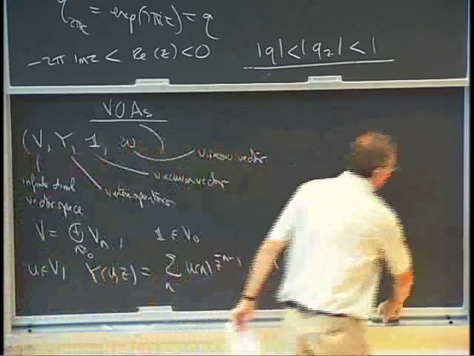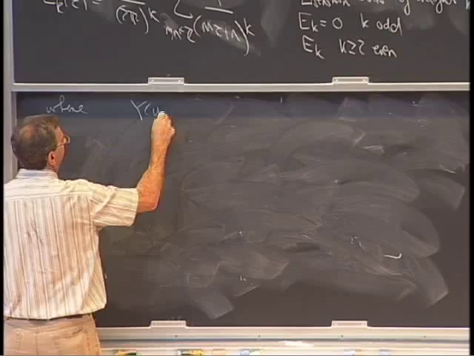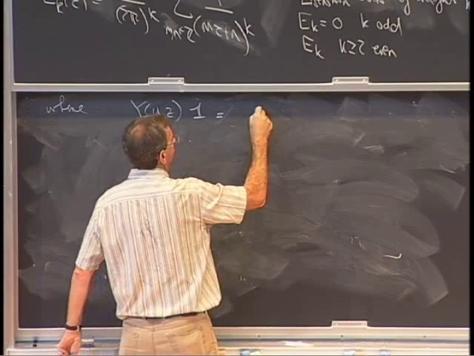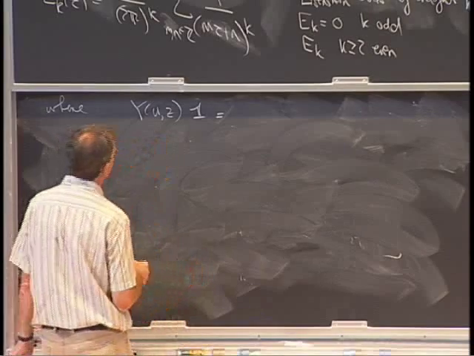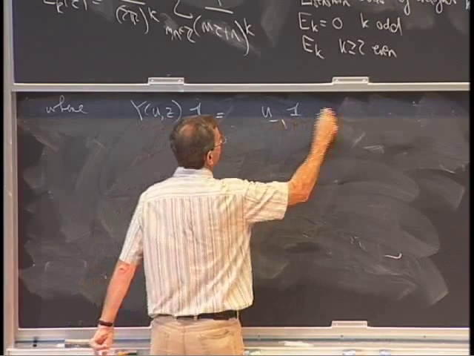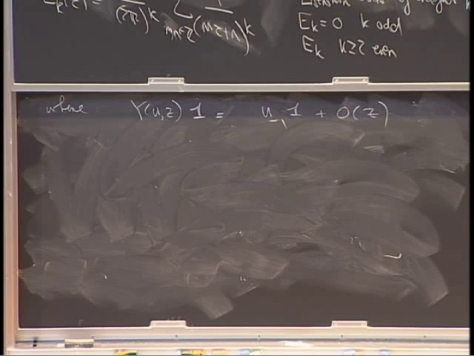And what's the relationship between a given state and this vertex operator apart from that formal object there? There's this creation axiom, where, if I act with Y(u, z) on the vacuum, it's u(-1) acting on the vacuum plus order z. So we have positive powers of z, and you can see that from the definition here when I put n equals minus 1.